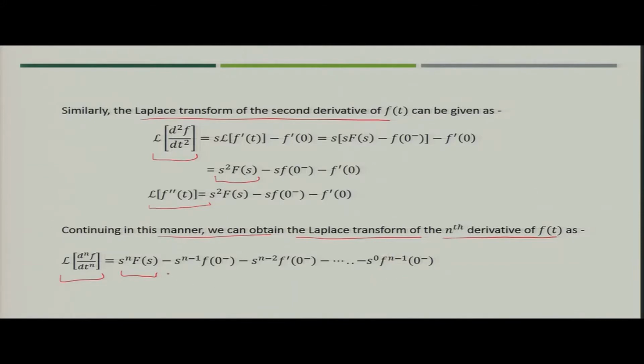So, this is your generic expression for finding the Laplace transform of dnf by dtn.